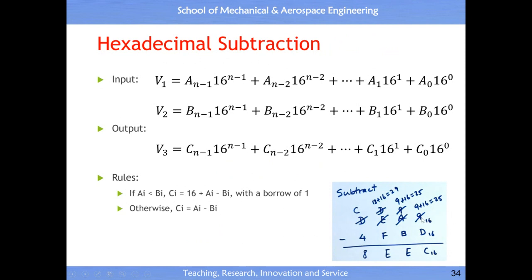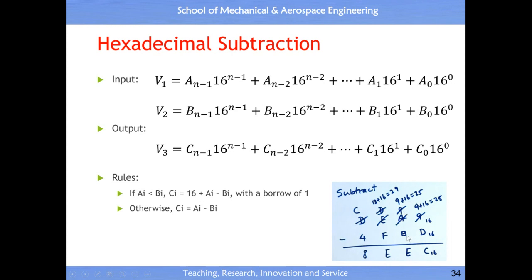So it's like this. Because 9 is smaller than D, then we borrow 1 from the left. Okay, borrow 1 means equivalent. We get the value 16, then 25, then 25 minus D, we obtain C. Okay, once we borrow 1 from the left, then the left become from 10 become 9 because you deduct 1.